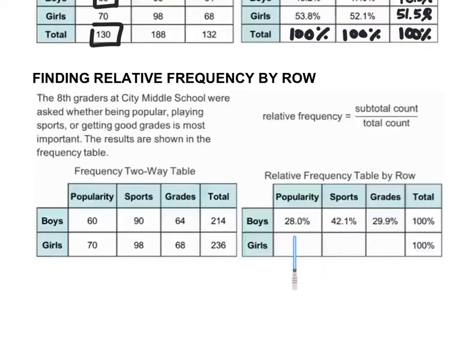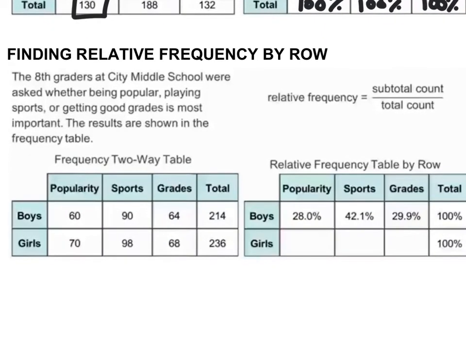So let's fill in the relative frequency for the row. Let's go ahead and do the math. I'm going to take 70 divided by 236 to get 29.7% for this cell here.